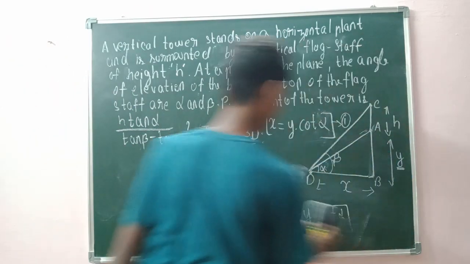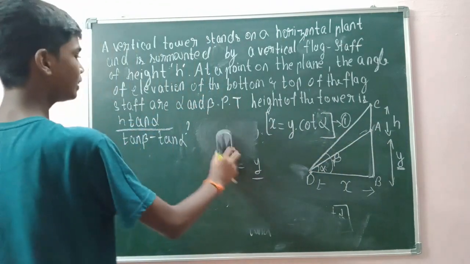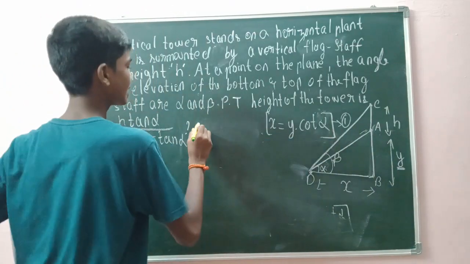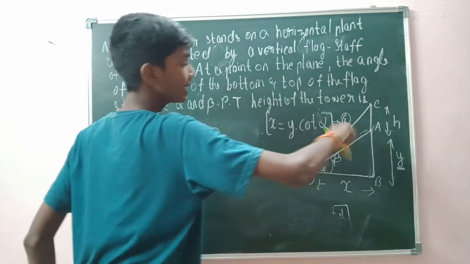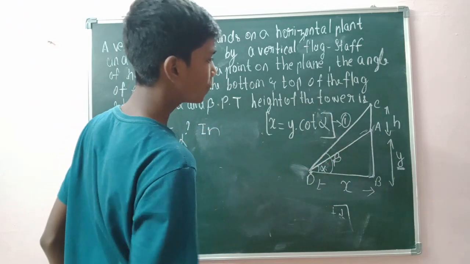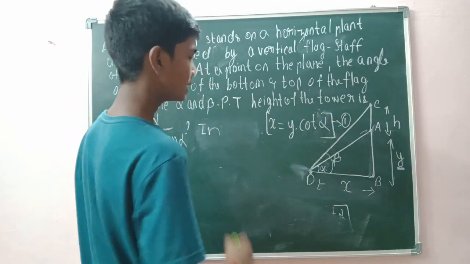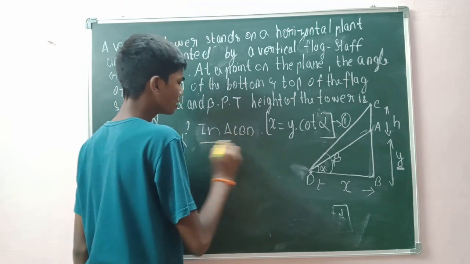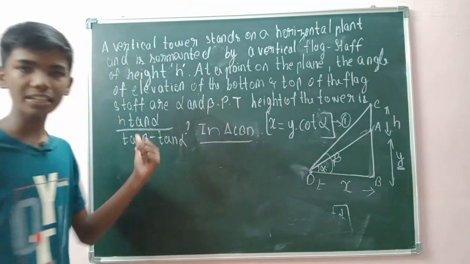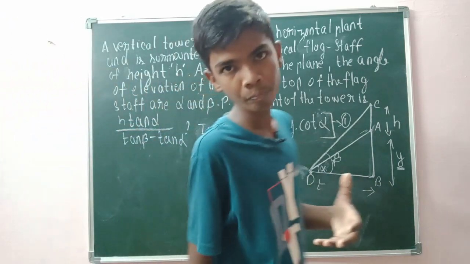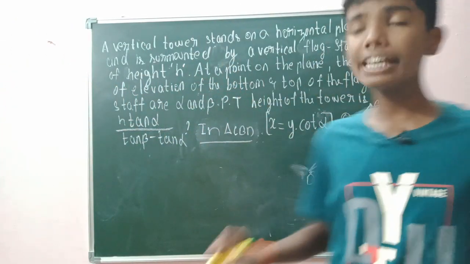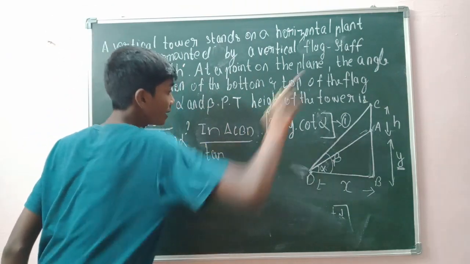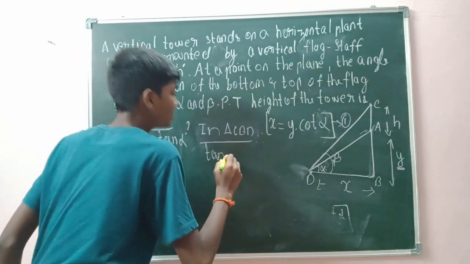So x is equal to y cot alpha. I took this as equation 1. Now let me talk about the bigger triangle, the one with angle of elevation beta. In triangle CBD, this naming is not given in the question, I am just naming it. In triangle CBD, let me find tan beta, because the angle of elevation of the top of the tower is beta.